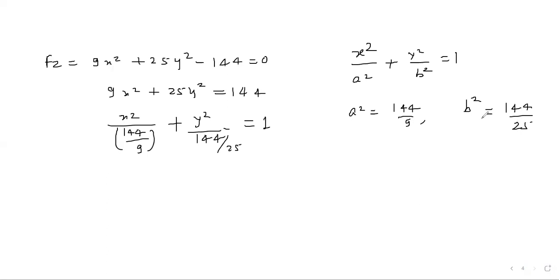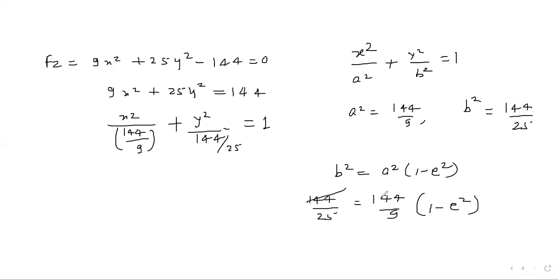Now, the formula for eccentricity is given by b² equal to a²(1 − e²). So b² is 144/25 equal to (144/9)(1 − e²). Now 144 will cancel out and we interchange.